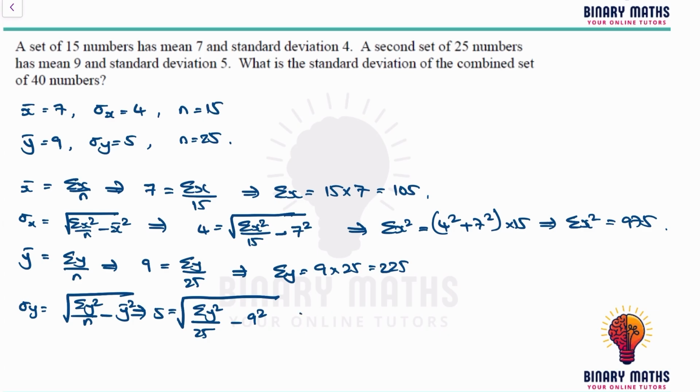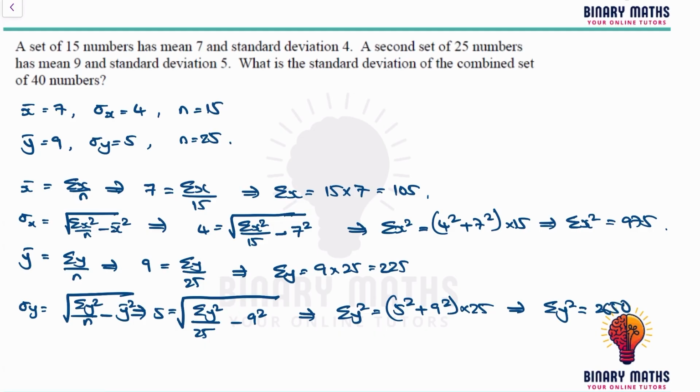If I rearrange it, sum of y squared will be equal to 5 squared plus 9 squared, times 25, which implies sum of y squared is equal to 2650.